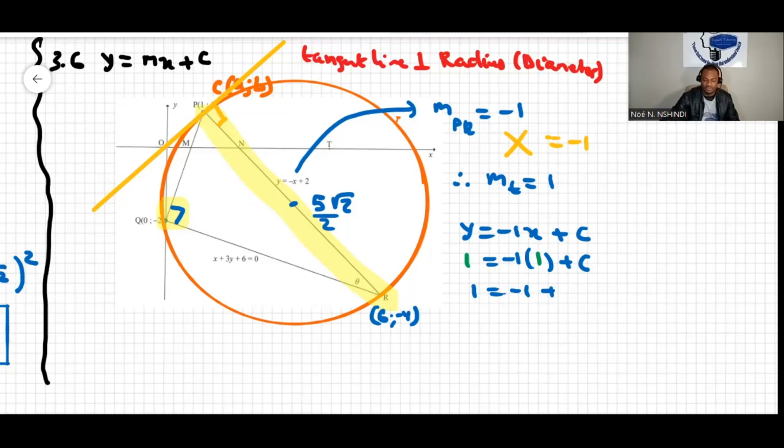The gradient of the tangent is positive, +1. If I move the 1 over, we have 1 minus 1 equal to 0. Therefore the equation of the tangent line is 1x plus 0, which is y equal to x. That's the equation of the tangent line.